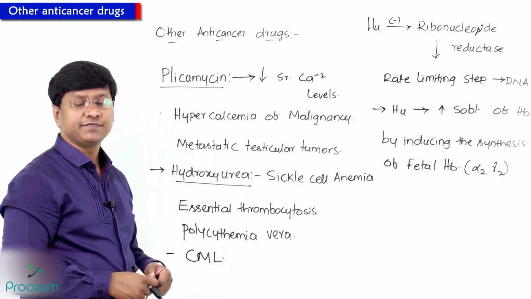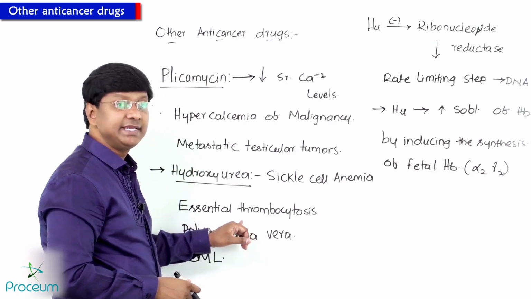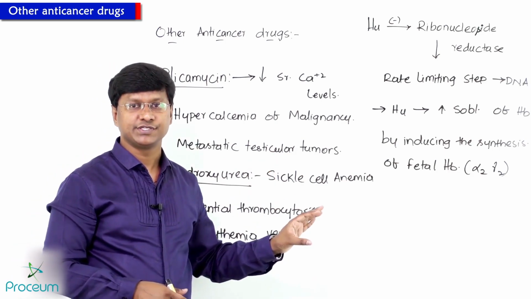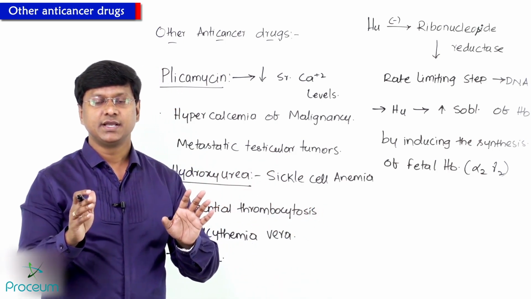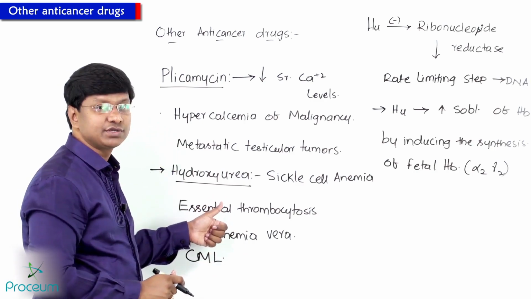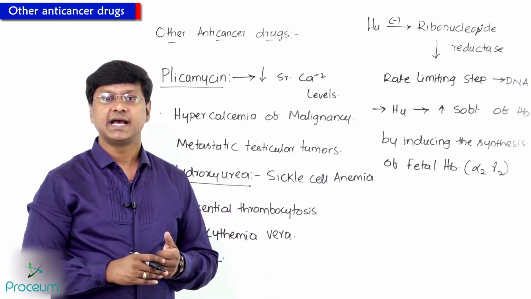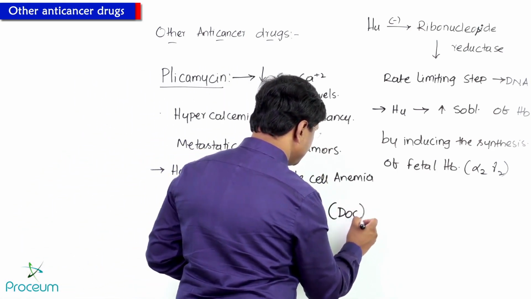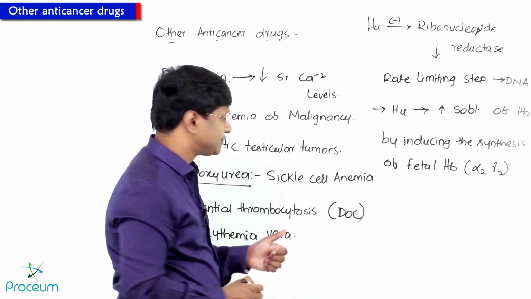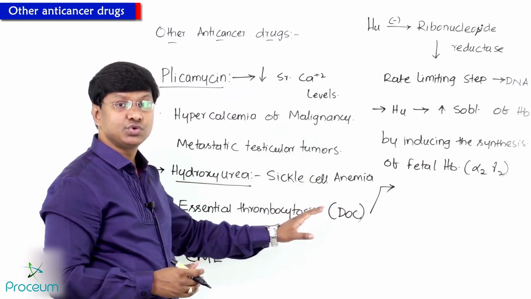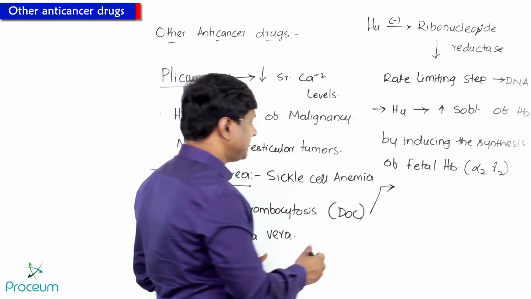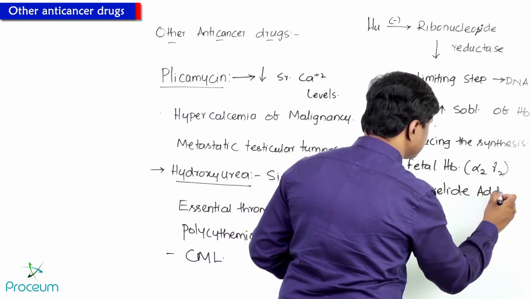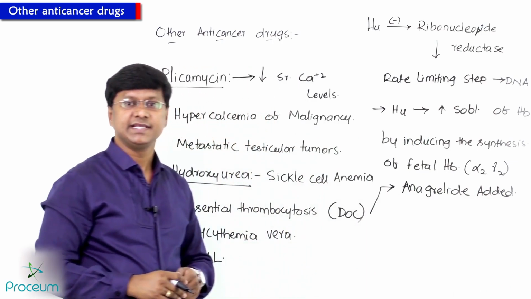Next, in case of essential thrombocytosis, hydroxyurea is considered the drug of choice. If the patient is not responding to hydroxyurea, then another important drug, anagrelide, is added.